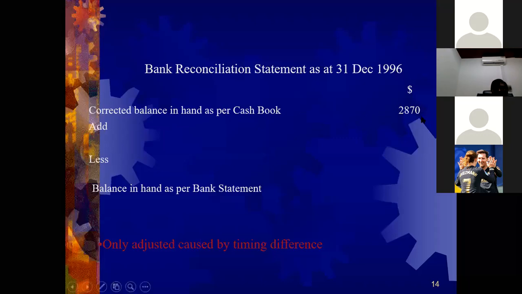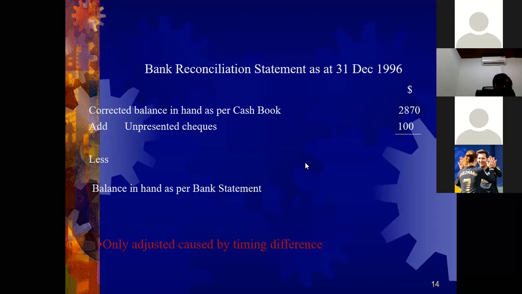So we have the corrected balance as per the cash book. We add back unpresented checks. Remember, we want to agree the balance with the bank balance. Though we have recorded it, we have issued out the check, but they have not presented it. It has not gone to the bank. That is why we also add it back to our cash book.